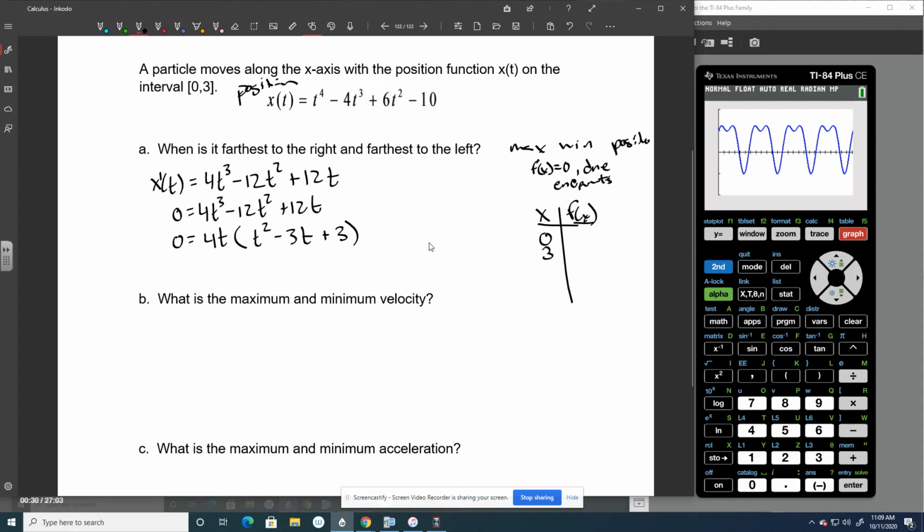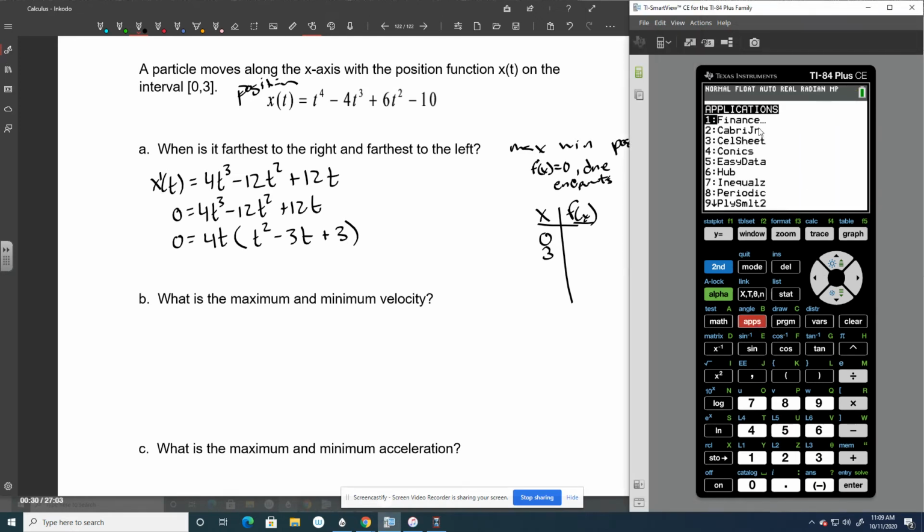Now this one here in the middle, that's not going to factor nicely. T squared minus 3t plus 3. I'm not going to be able to break that down quickly with my x factor. I could use the quadratic formula, and you are allowed in the apps to use the polysmelt. This one down here on number 9.